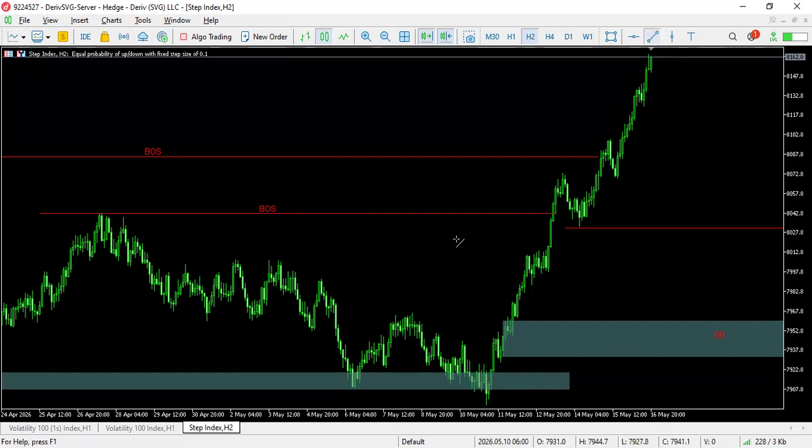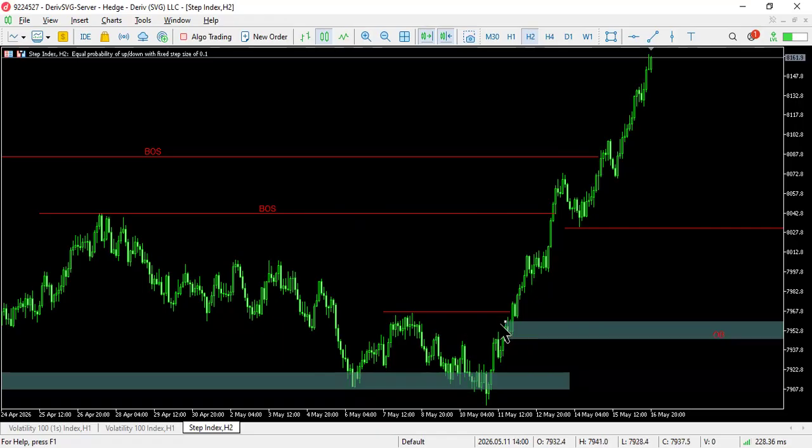Our break of structure. Let me start studying the price action from here, where price broke this high. So our order block is going to be at that level.